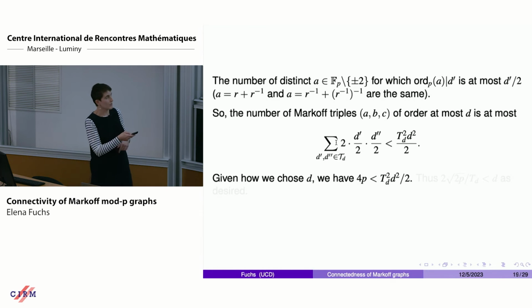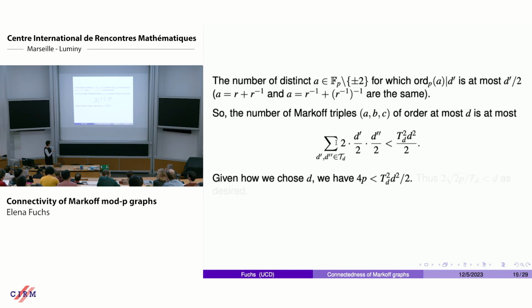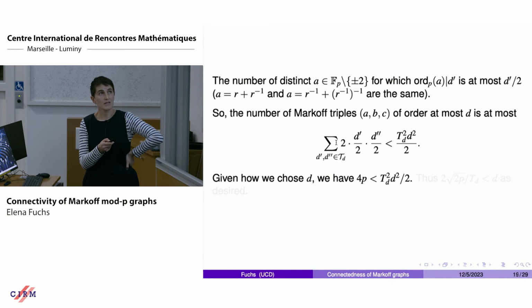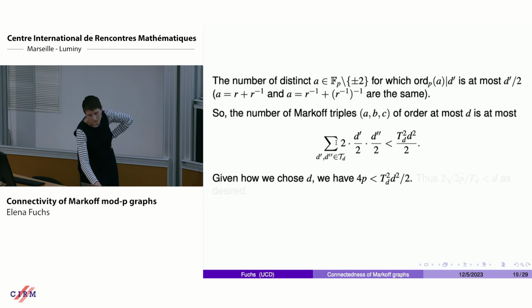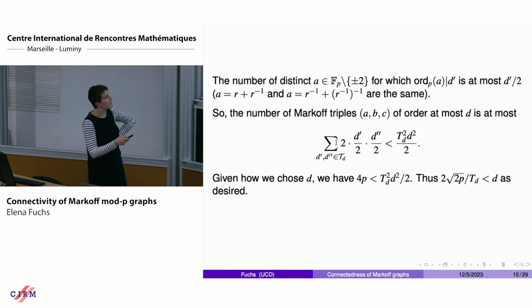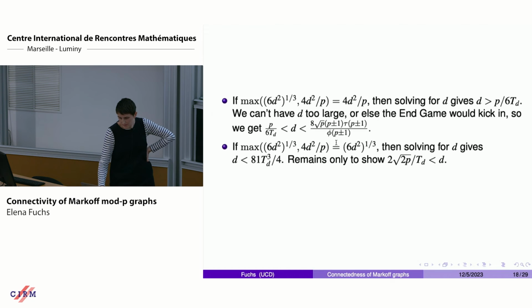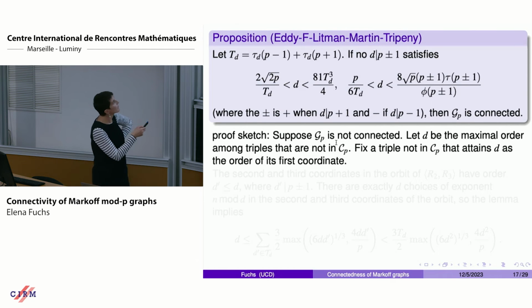So when we assumed that this triple of order D was not in the main connected component, you must have 4P is less than that. And that is where we get this inequality for D, which is this thing right here. So you can think of this as the opening plus middle game, and this is the middle game plus end game.